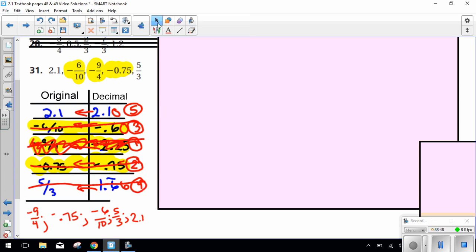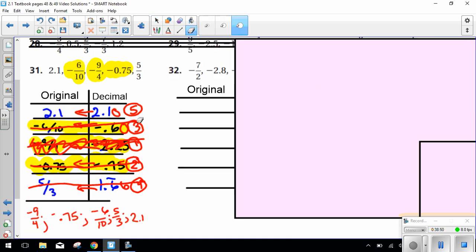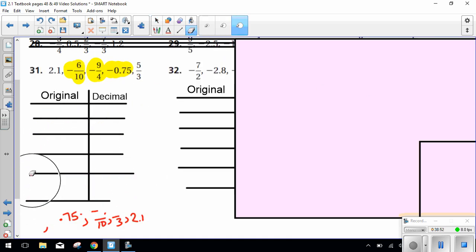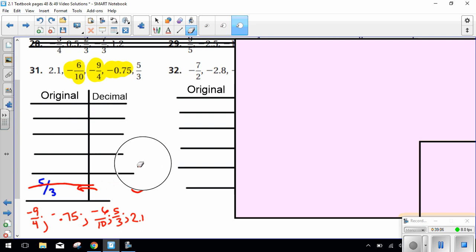Okay, so let's take a look at, I'm going to have to erase this. Let me do this real quick. Okay, we're going to keep this, and we shall delete all of this. There we go.